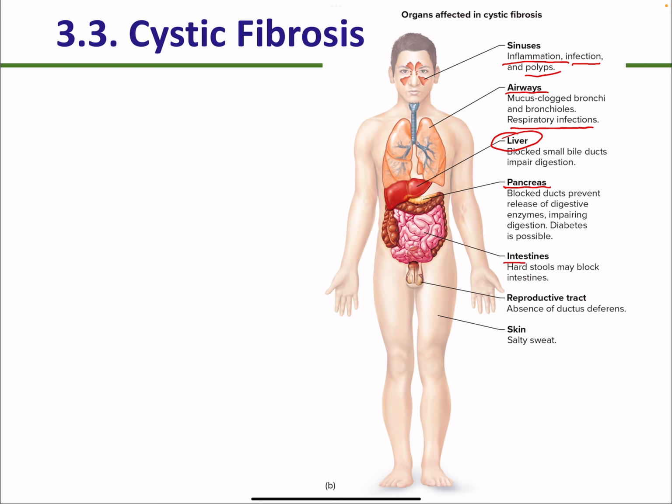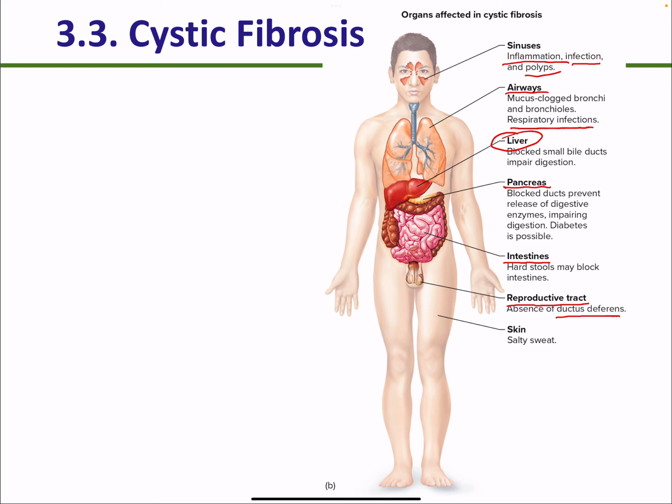The intestine can be affected in people with cystic fibrosis. Our reproductive tract can also be affected, and this is particularly important in males because of the vas deferens, where sperm are going to move through during ejaculation to travel and go fertilize the egg.